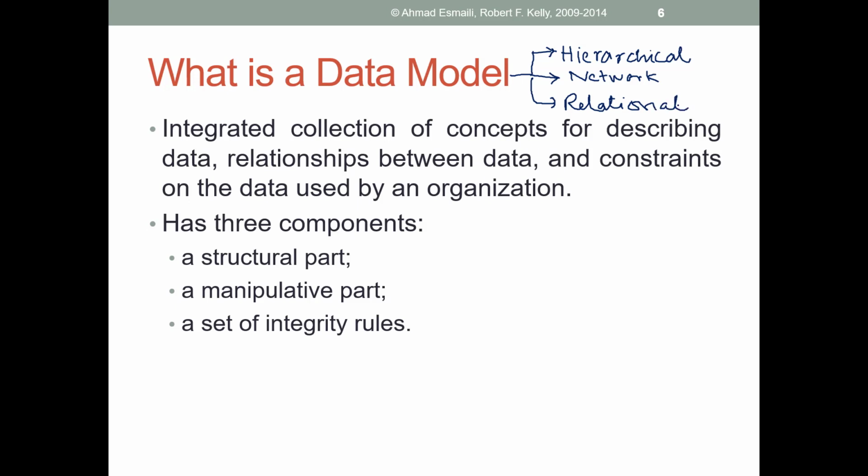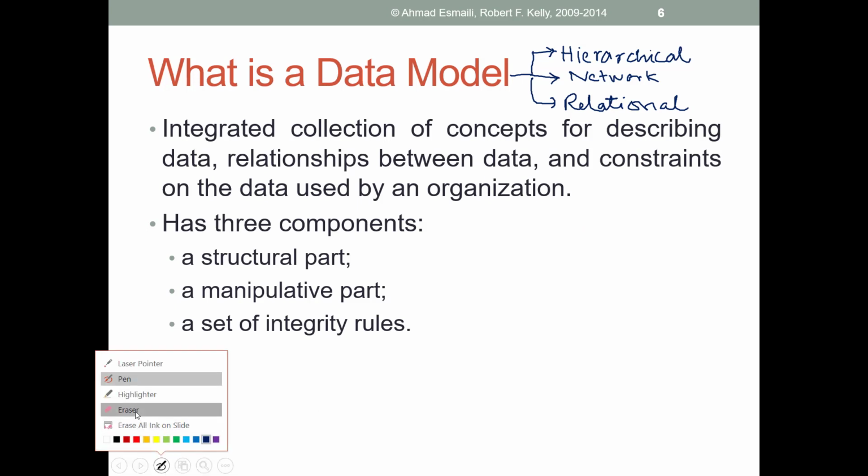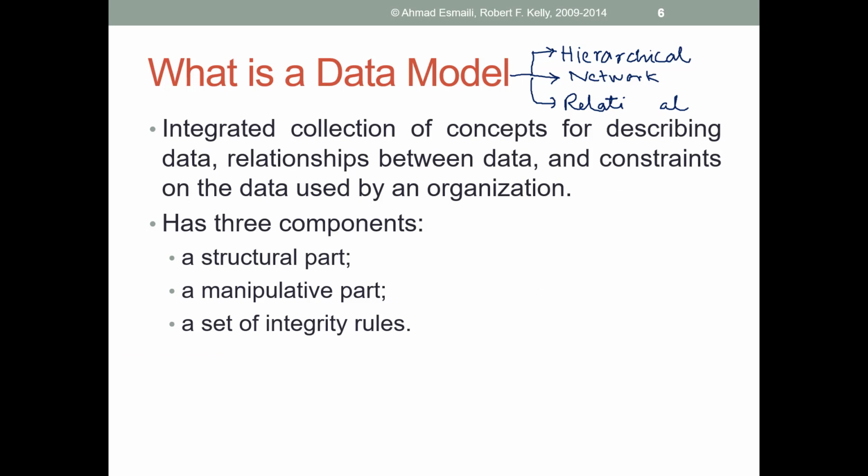These are the key database models that I think you should remember. Wait a second, I would like to erase this part because I did not like my handwriting there. Sorry about that. Relational. Alright, now this is better. So the three popular examples of data models are hierarchical, network, and relational.